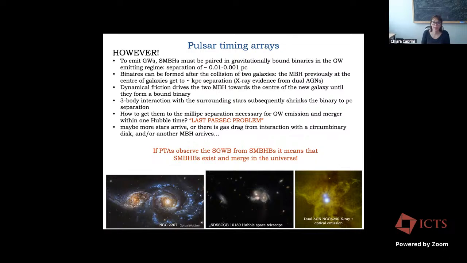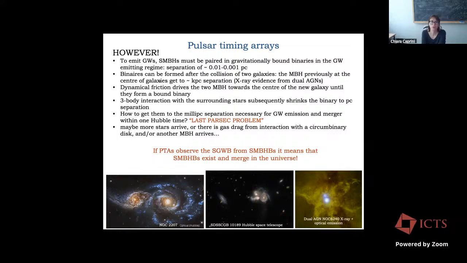There is a lot of evidence that galaxies merge, and that after the merger there are what are believed to be black holes. Of course, we only observe the matter around them emitting, for example in the X-ray. There is evidence that the two black holes with their disks go close together.